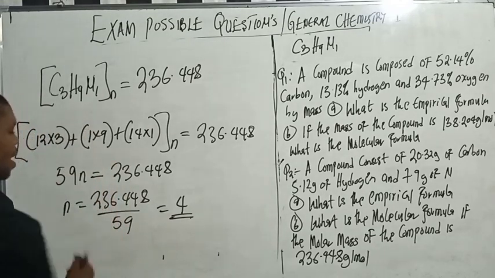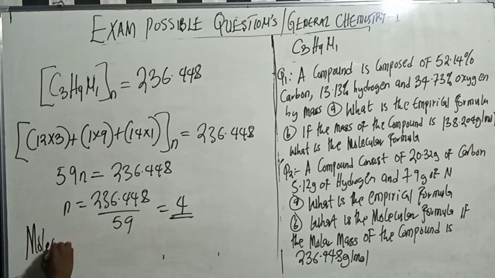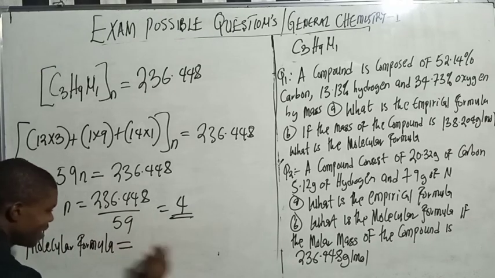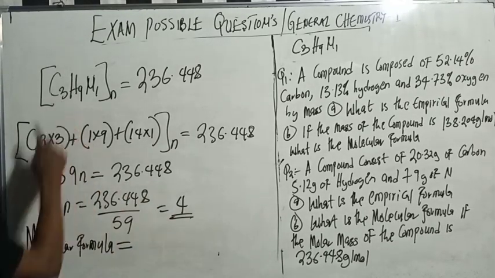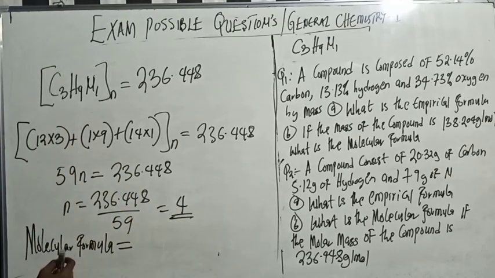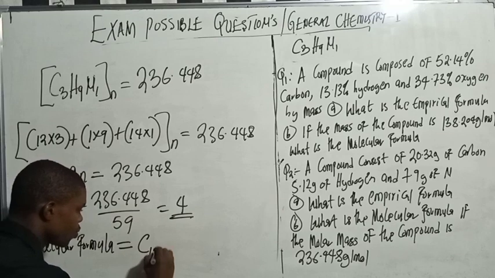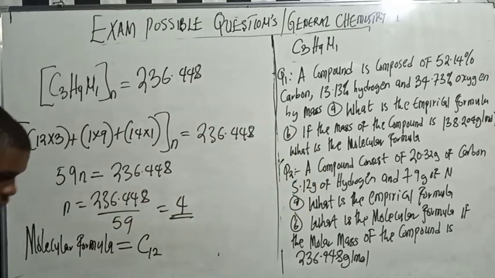So how do I get my molecular formula? By multiplying the empirical formula by n. Molecular formula is very easy. It's going to be 4 times 3, which is 12, so C12.